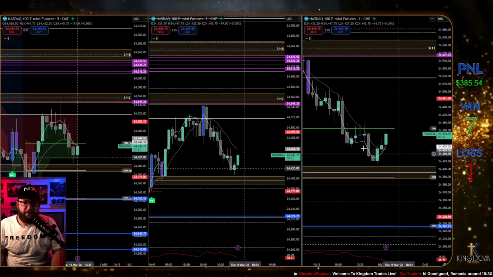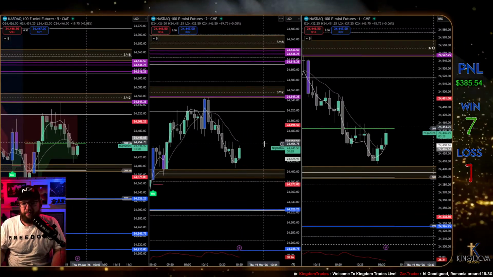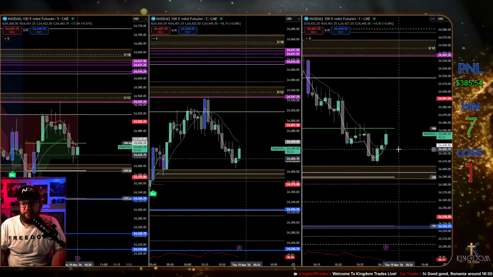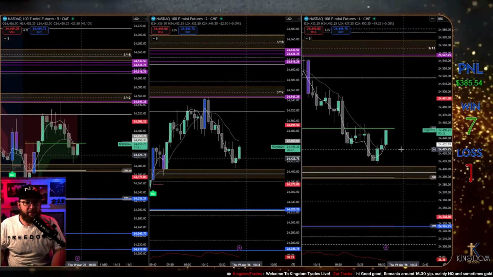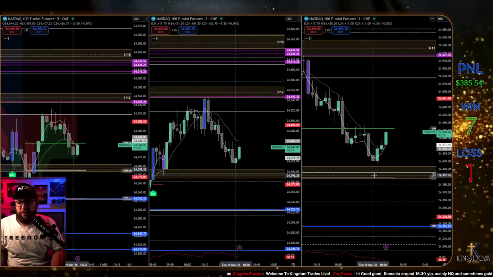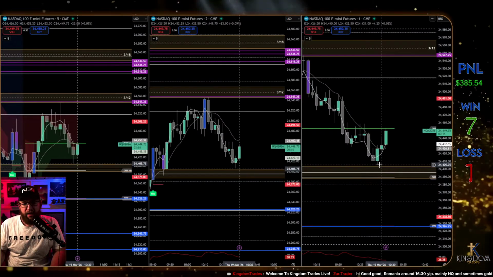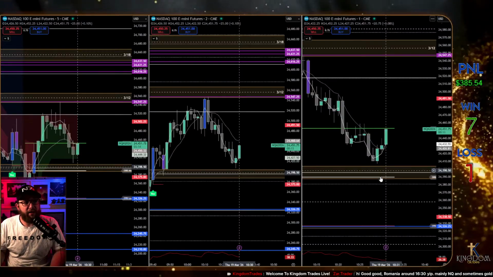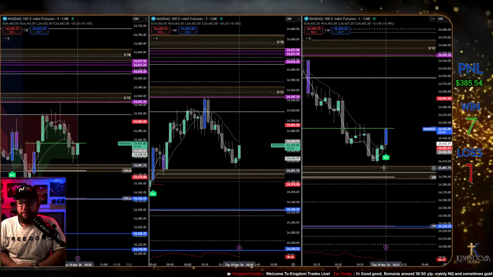I love these levels, man. Look at that. Just half the level and just tank down. Dude, yeah, that's great. NQ, and sometimes gold. I've tried gold. I got smoked a few times. I'd like to get back and look at it some more, but I just really like focusing on one product.